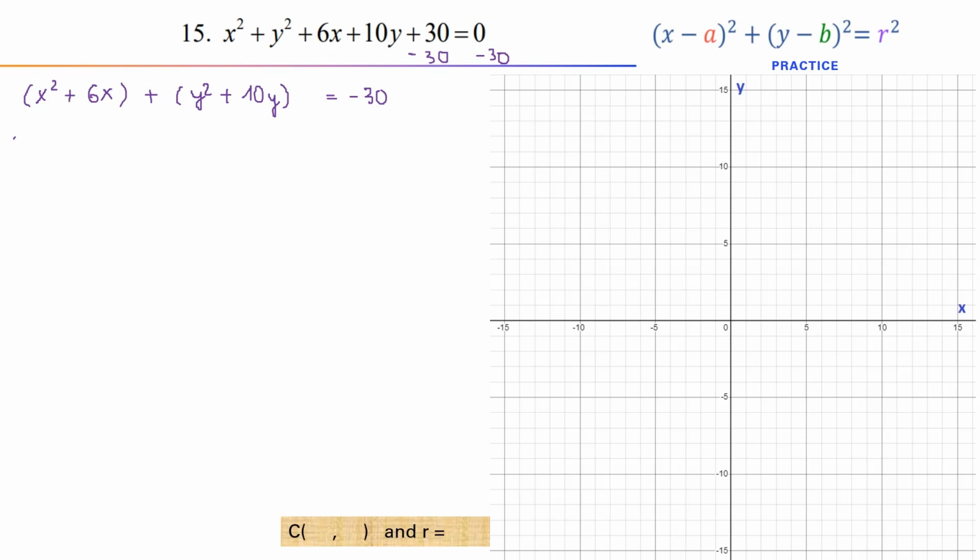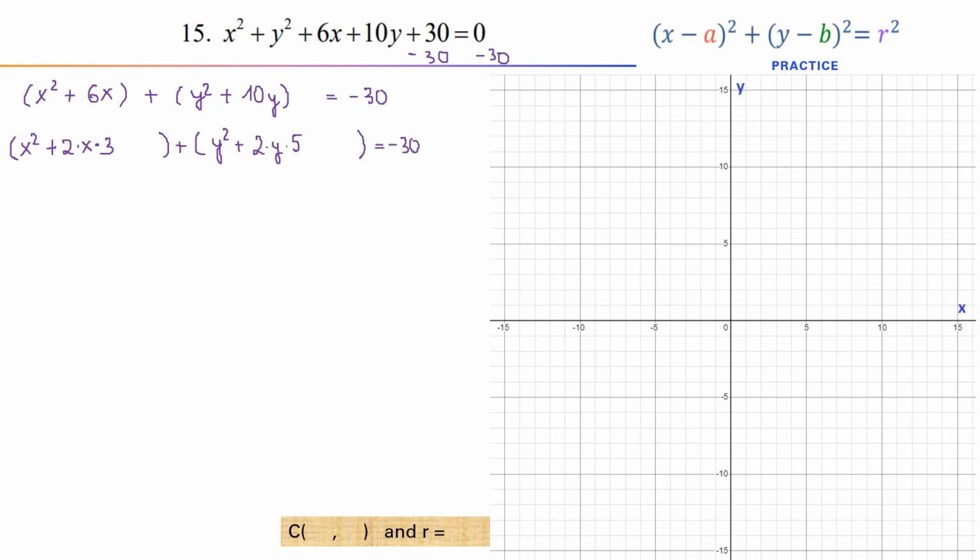Now we rewrite it one more time. x squared plus 2 times x times 3 plus y squared plus 2 times y times 5 equals negative 30.